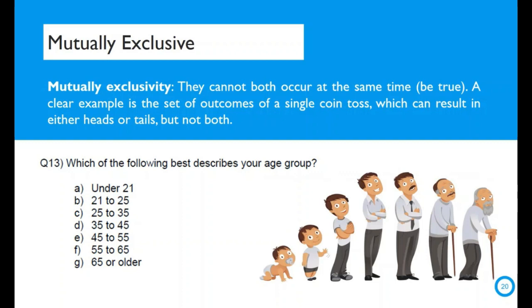Let's say a person is 25 years old and doesn't know which category to choose, B or C. Therefore, categories must be mutually exclusive and exhaustive, meaning there should not be overlap between answers, and you need to include all possible answers. This is the best way to develop your survey items.